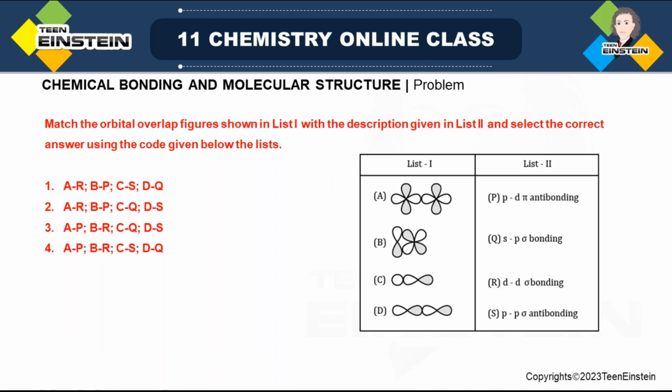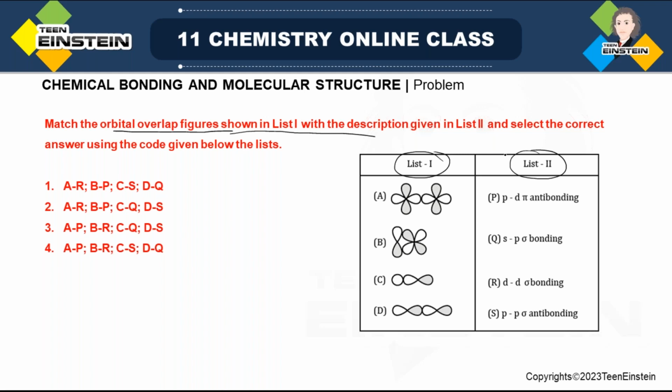So here we have a problem. Match the orbital overlap figures shown in the first column, list 1, with the descriptions given in list 2. In list 1, you have different types of interactions given, with names indicating what type of bonding there is. Basically, you can see bonding and anti-bonding mentioned. When the phase sign is not matching, suppose one is positive and the other is negative, you can call it anti-bonding.